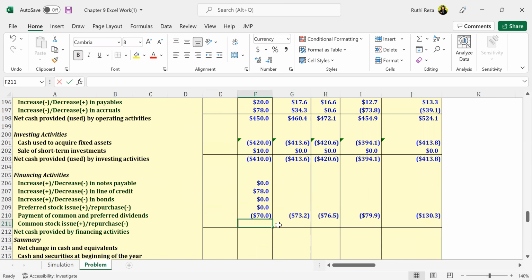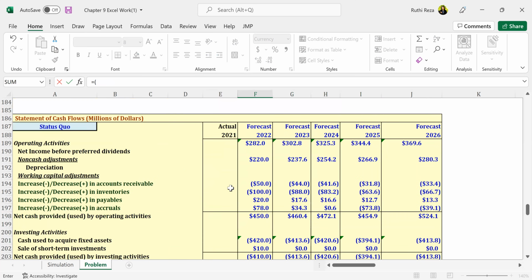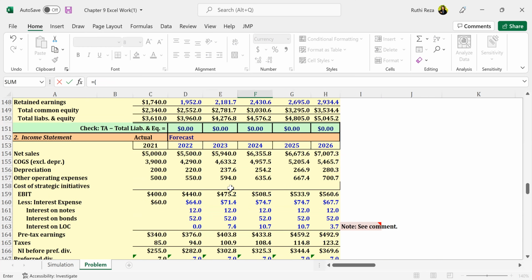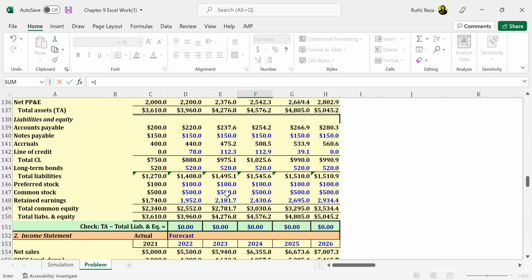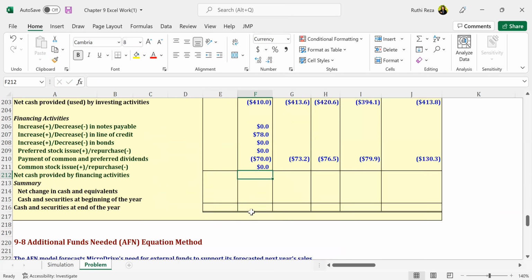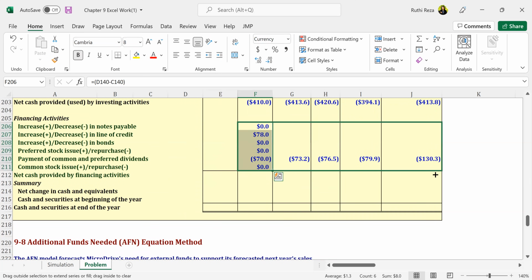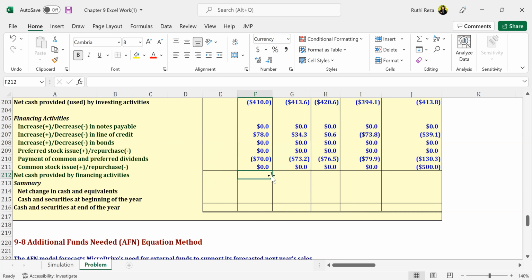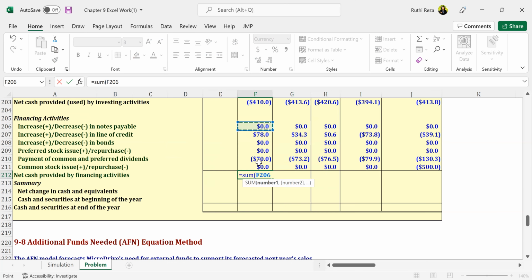Next, changes in common equity. Then sum them up to get your total financing cash flows.